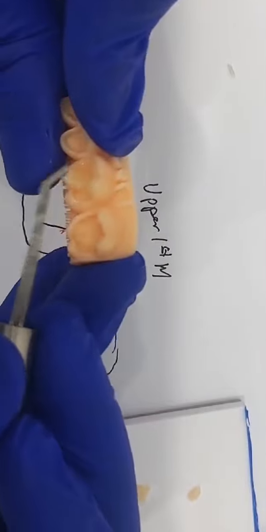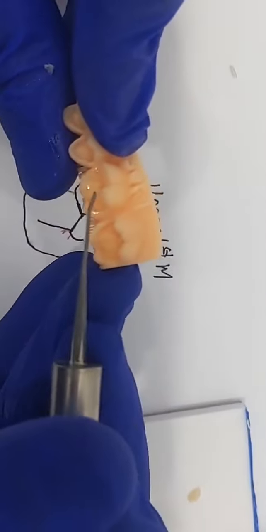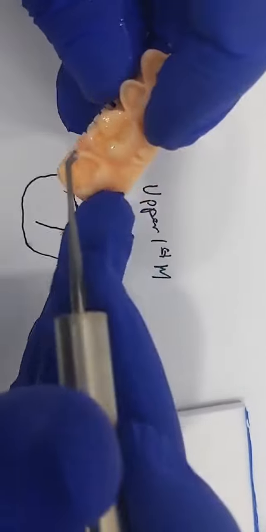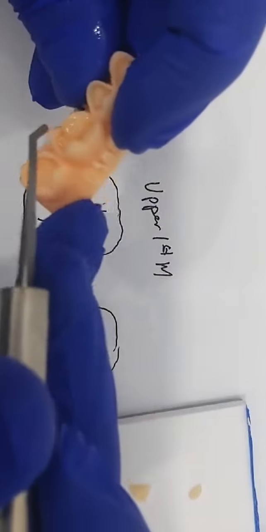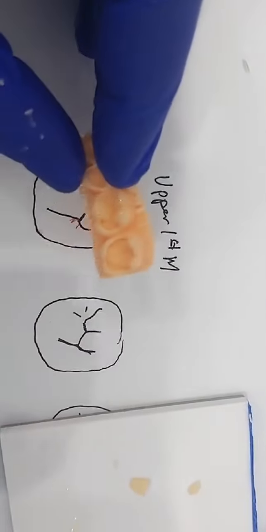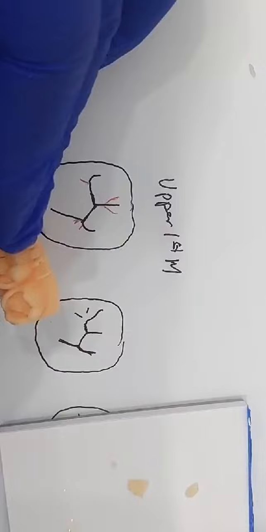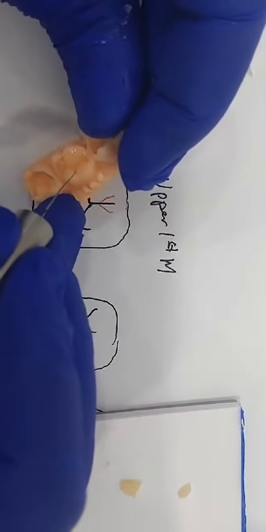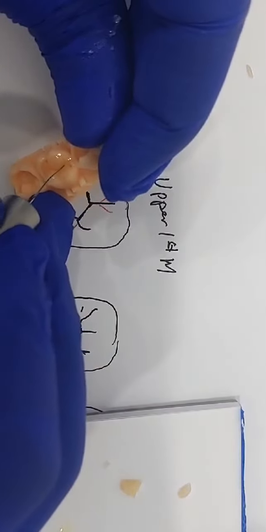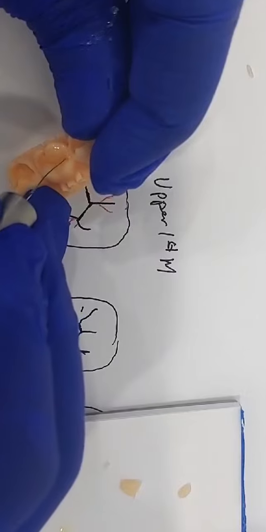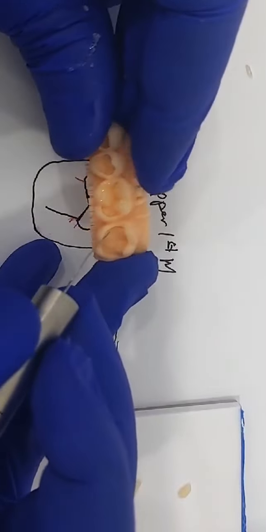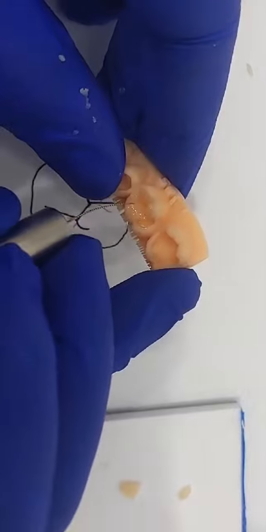So again, just wiping against the cusp there. And I generally like a little bit of separation between the cusps because it lets that darker A3 shine through, which makes it look like you've placed tints in your composite.